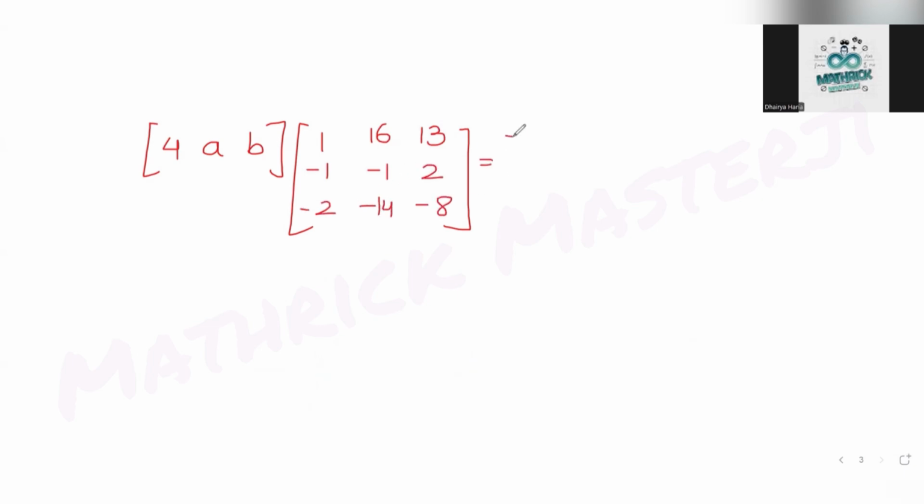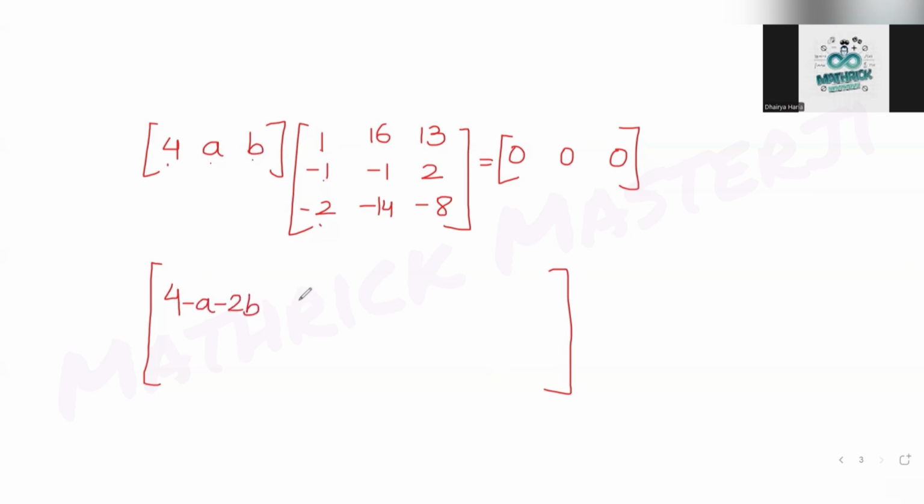So [4, a, b] is the first matrix. The second matrix given to us is 1, 16, 13; -1, -1, 2; -2, -14, -8, and the product is equal to [0, 0, 0]. So first, 4 times 1, so 4, minus 1 times a, so minus a, minus 2 times b, so minus 2b.